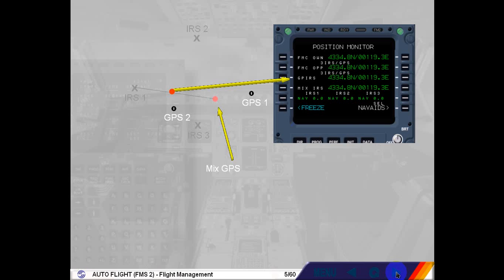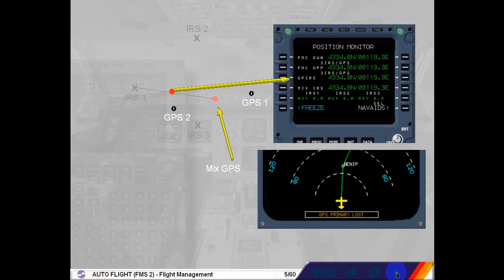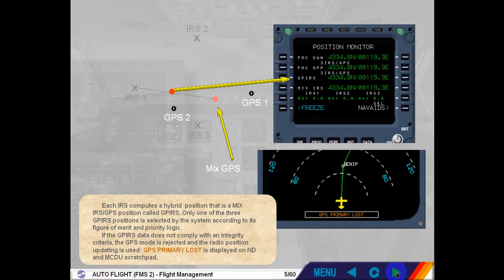Only one of the 3 GPIRS positions is selected by the system according to its figure of merit and priority logic. If the GPIRS data does not comply with an integrity criteria, the GPS mode is rejected and the radio position updating is used. GPS primary lost is displayed on ND and MCDU scratchpad.